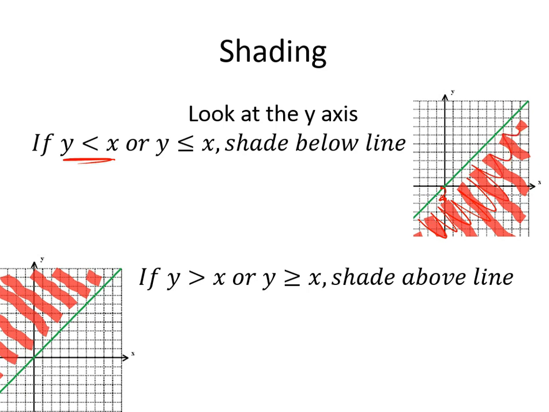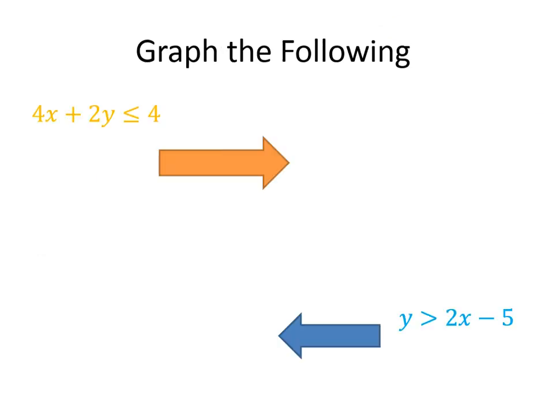If it's saying that y is greater than x, then we're going to shade everything above that point. Another way of doing this is to pick a point. Let's say you don't know which one it is, then with your original function, you can pick a point, let's say right here, 0, 2. You can plug in 0, 2. If it works, then you shade that region. If it doesn't, then you shade the other region. That's another way of helping you check.